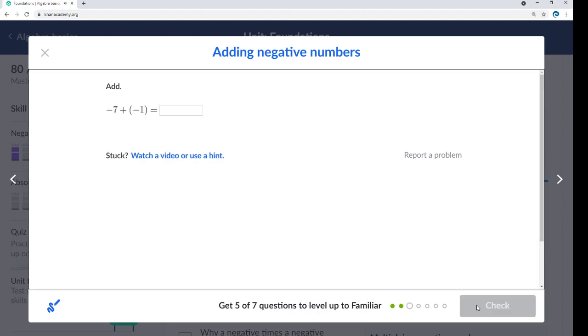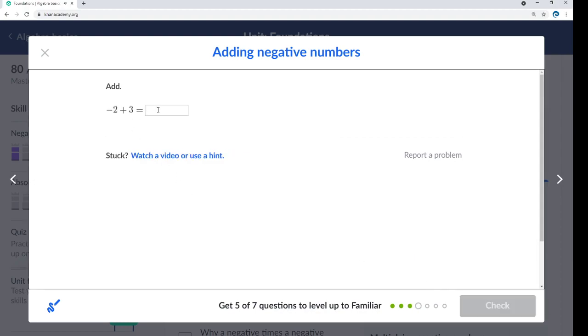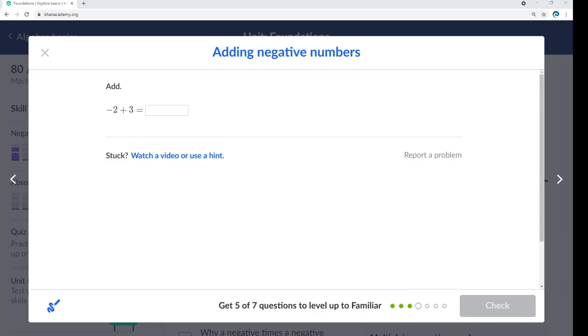Hey! All right. So now we have -7 plus -1. We did that one before. It's going to continue to get negative. It's -8. And then we have -2 plus 3, right? So this is the first example where we're moving from a negative into positive territory, right?